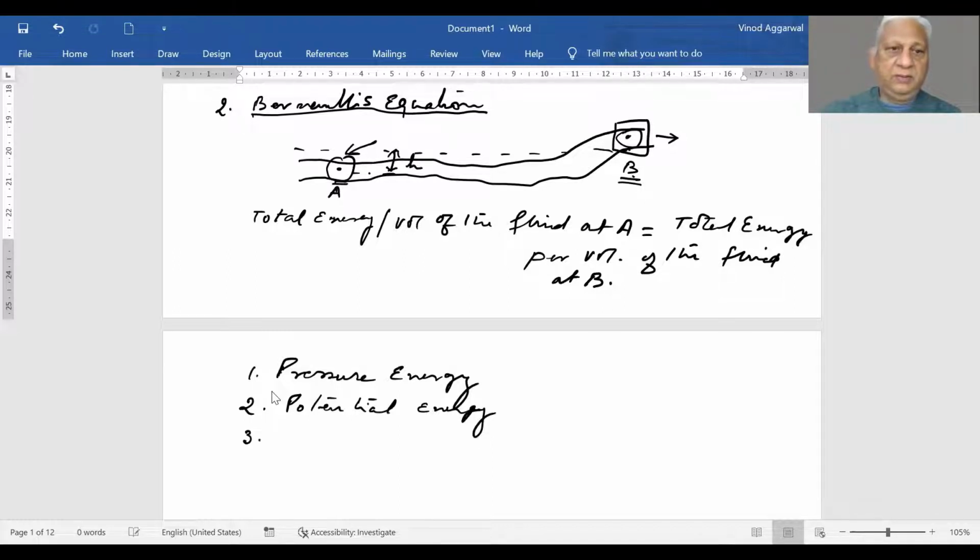And the third is kinetic energy. If fluid at point A is flowing with more velocity compared to fluid at B, then obviously kinetic energy of the fluid per unit volume at A is more than that of B.